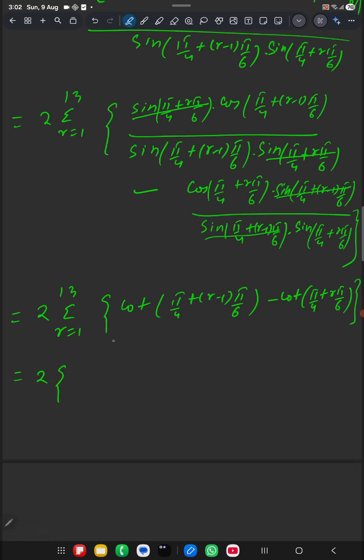So we put first r is equal to 1, then we will get cot pi by 4 only, because 1 minus 1 is 0, 0 into pi by 6 is 0, and minus cot of pi by 4 plus pi by 6, r is 1, so 4 and 6 LCM is 12, 4 3 times and 6 2 times, so 5 pi by 12.